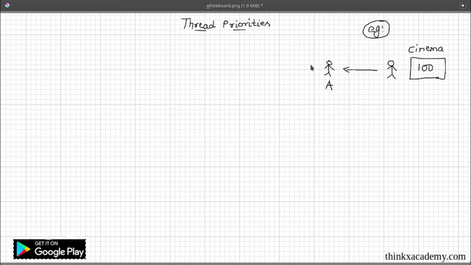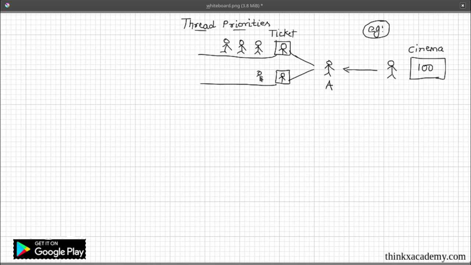So this person employs two more people. He deploys two counters. Let's say these are the ticket counters, and he employs two people here. Whenever the customers come to these two counters, they buy the ticket, and in that way they will be allowed to enter the cinema hall.